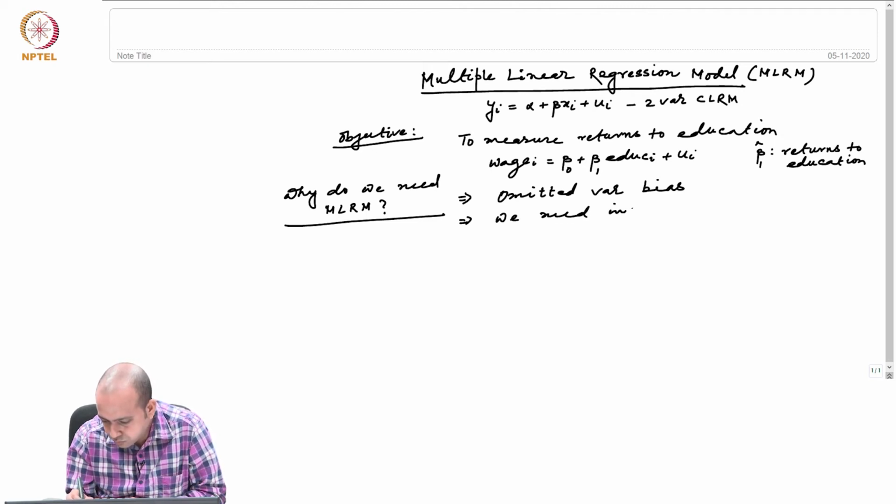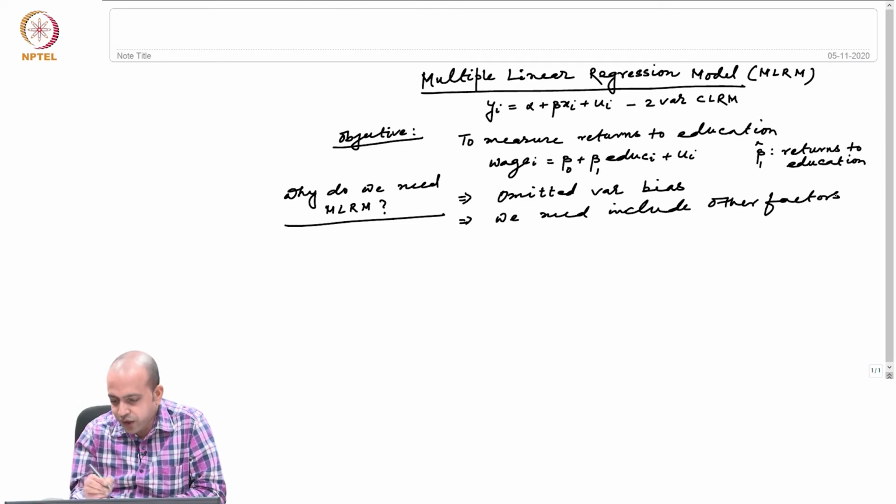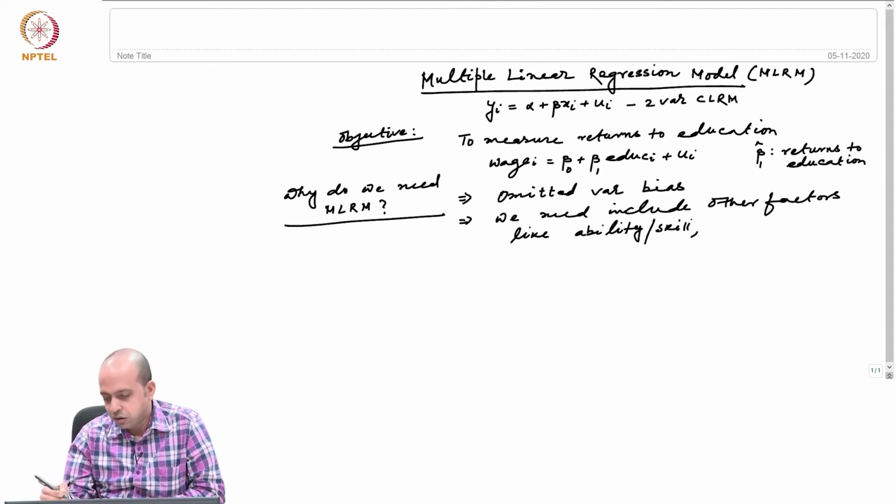Okay? So, to avoid omitted variable bias, we need to include other factors as well, other factors like ability or skill, then experience, and so on and so forth.